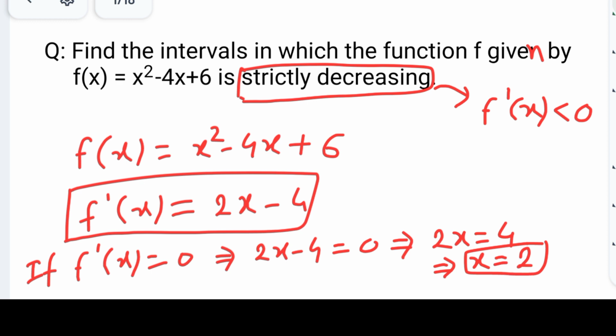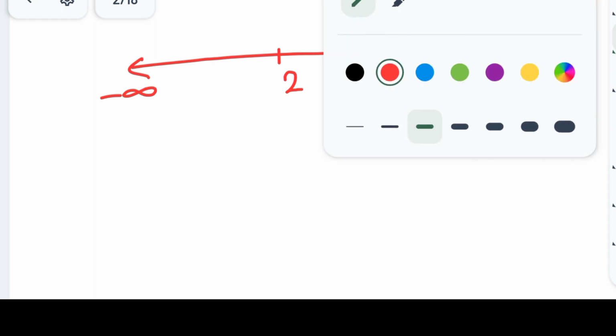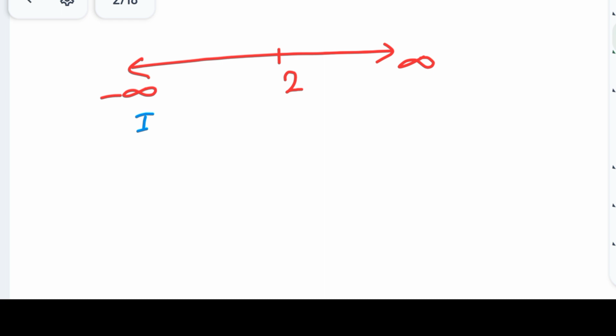Now I am going to plot this x value on the number line. I am taking a number line, and on this I am plotting 2. Now I am going to check where f'(x) is negative. Obviously there are two possible ranges of x in this question, so I am making two conditions. First, when x is less than 2, and second, when x is greater than 2.